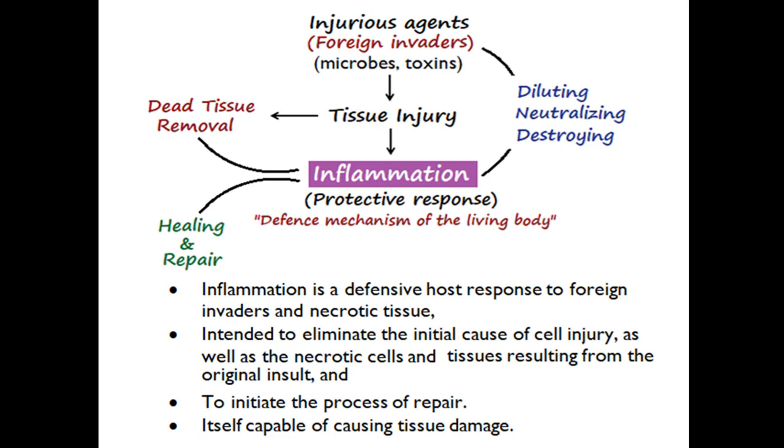It is a defense mechanism of the living tissue, and the purpose behind inflammation is that whenever we are attacked by injurious agents like bacteria, viruses, and other microorganisms, that we say are the foreign invaders coming from the outside, and the second thing, which is the internal trigger for inflammation, is the presence of dead tissue.